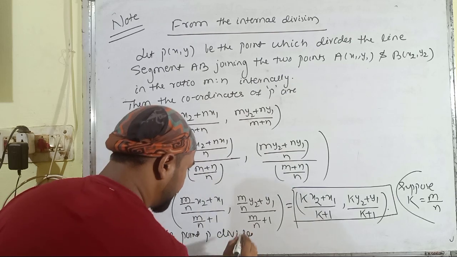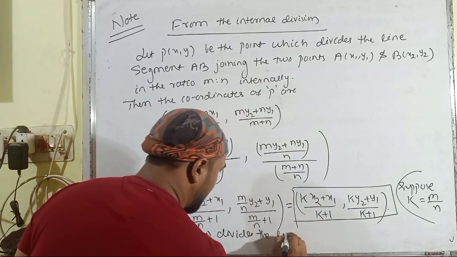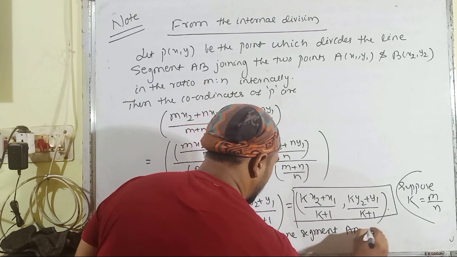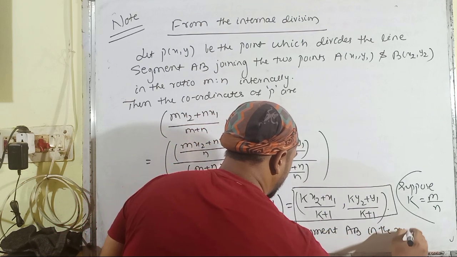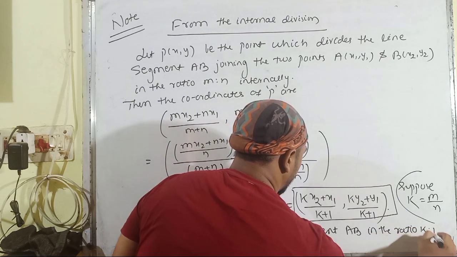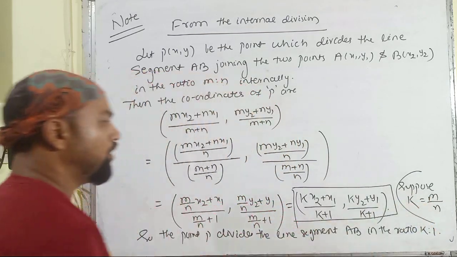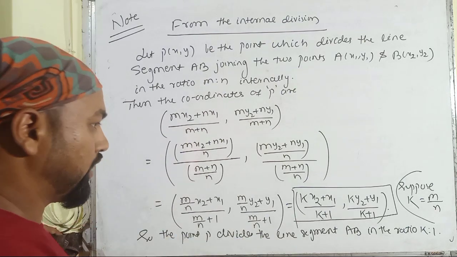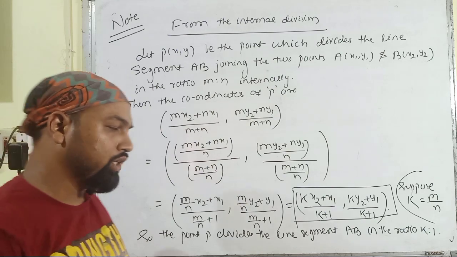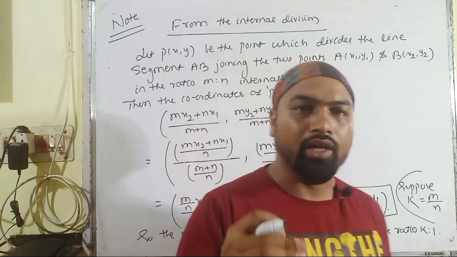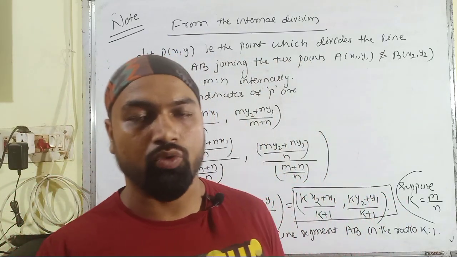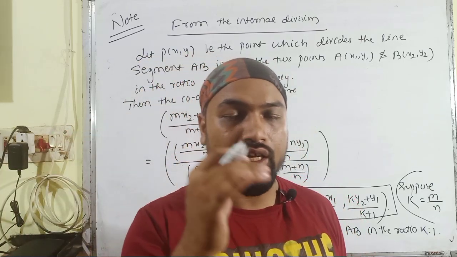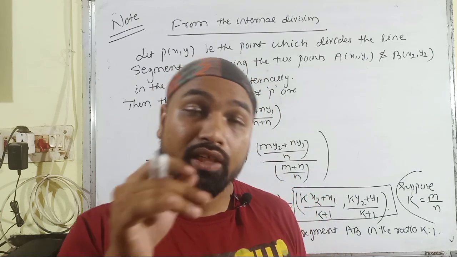If it is given that a point P(x, y) divides a line segment AB in the ratio k is to 1, and k contains a positive value, then it divides internally.